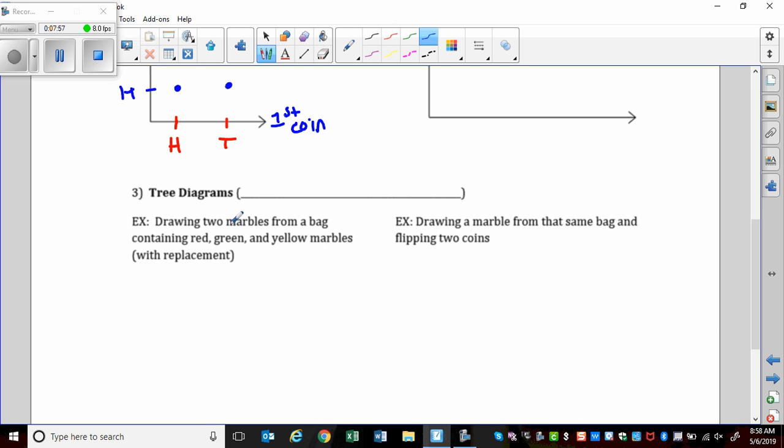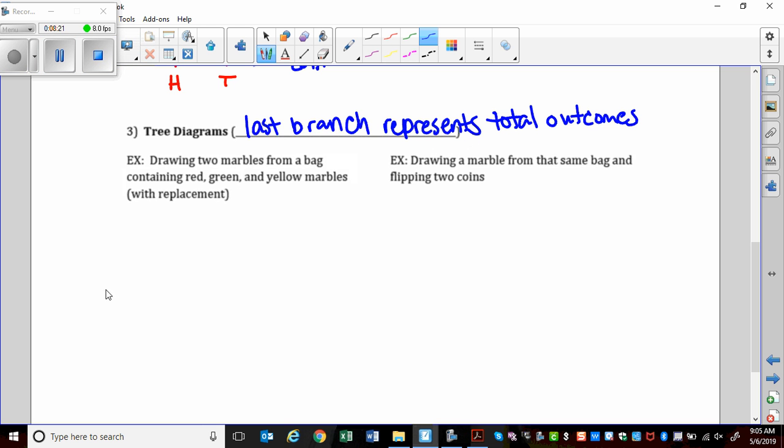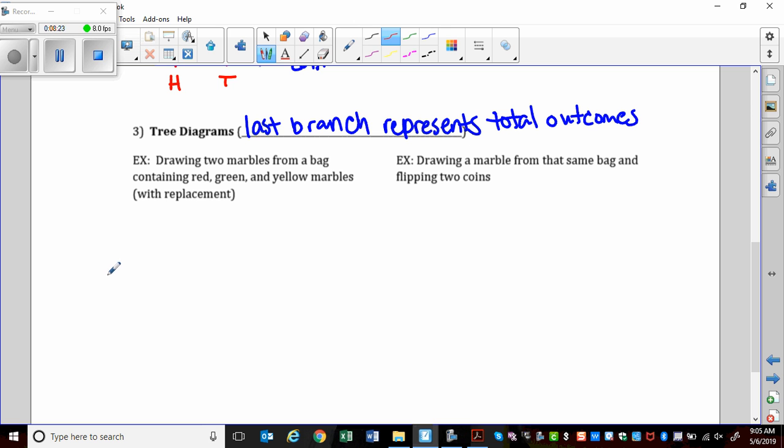Draw 2 marbles from a bag containing a red, green, yellow marble with replacement. So each time we're putting them back in. What we have to remember is the last branch represents the total outcomes. So if we are drawing marbles from this bag, red, green, and yellow, my first one, I have 3 options. I can either draw a red marble, a green marble, or a yellow marble.